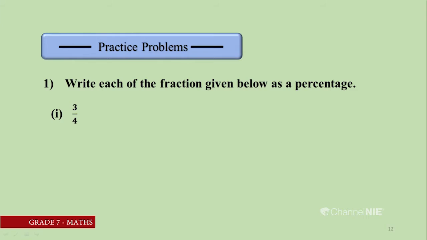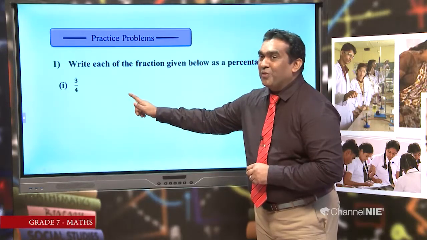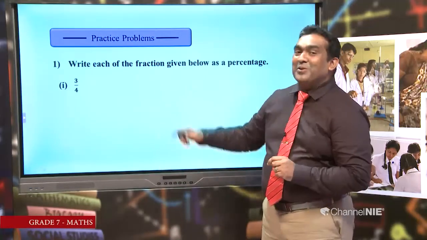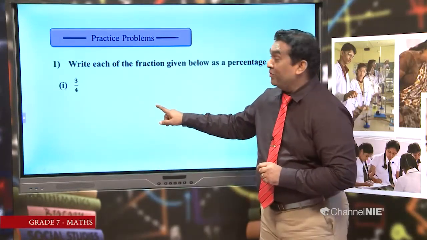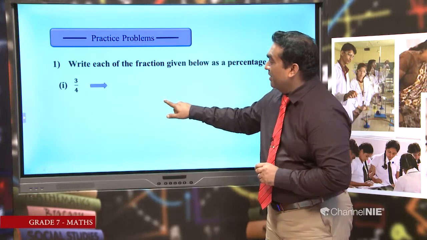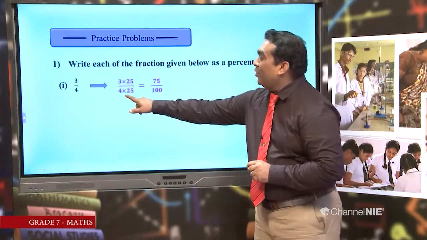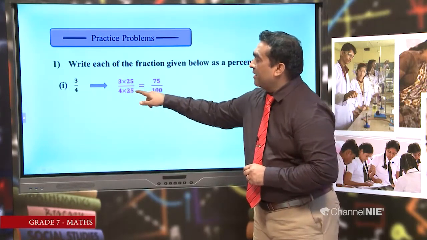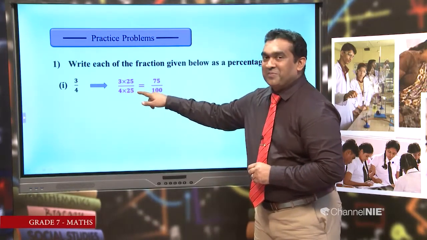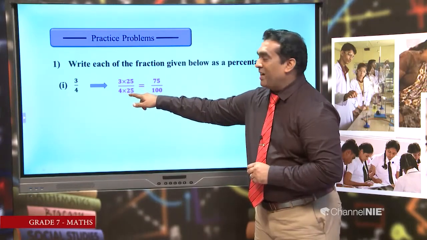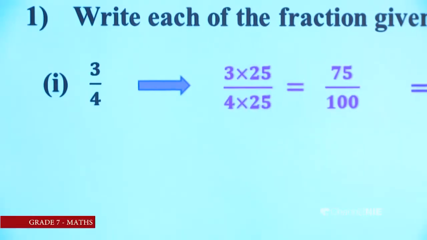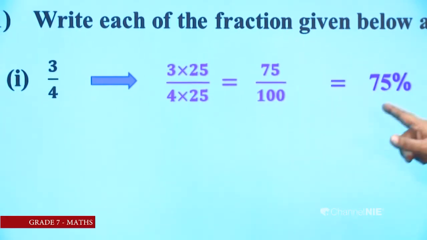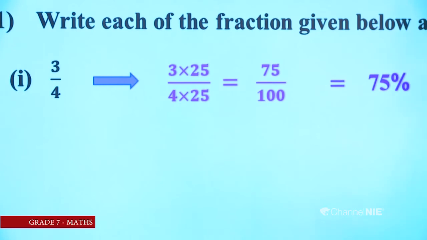Then how to get 100 using 4? 4 multiplied by 25. 3 also multiplied by 25. We will see it. Here you can see 4 multiplied by 25. This is our first mathematical operation, converting into 100. As a result of that, you can see multiplied by 25, 75 over 100, that is 75%.